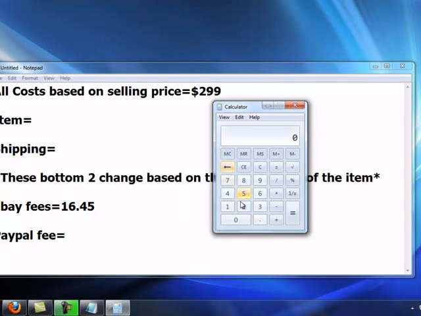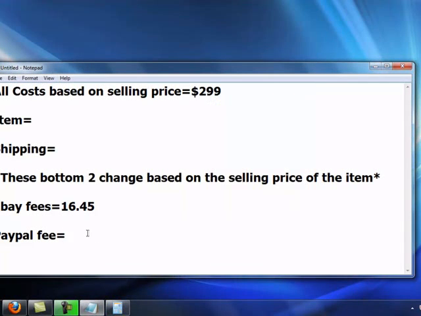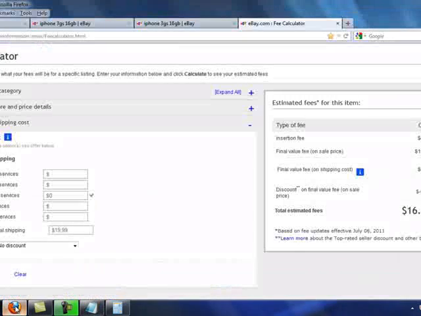So I say $299 times 0.04 equals $11.96. So I put $11.96. I mean, you could basically say 12 bucks. Okay, so we're basically done with the fee calculator.